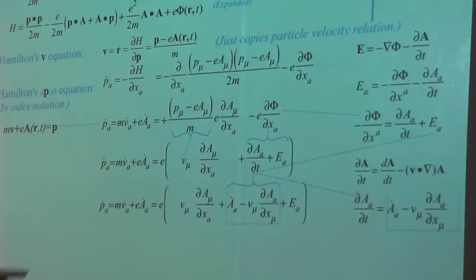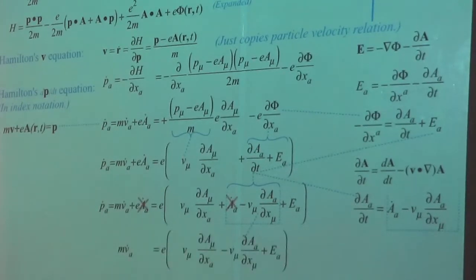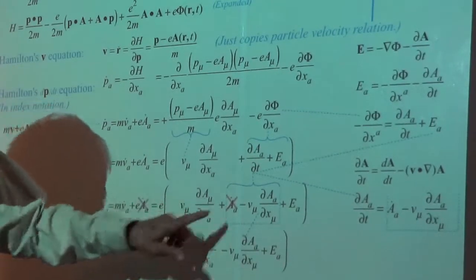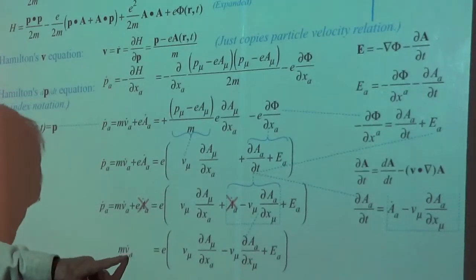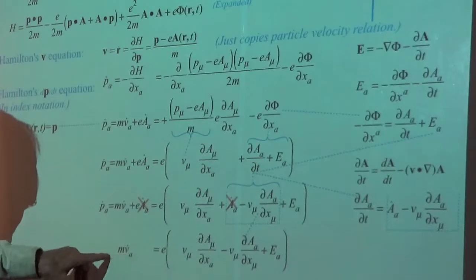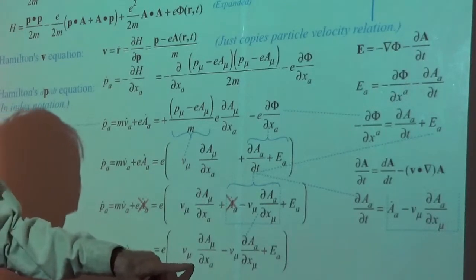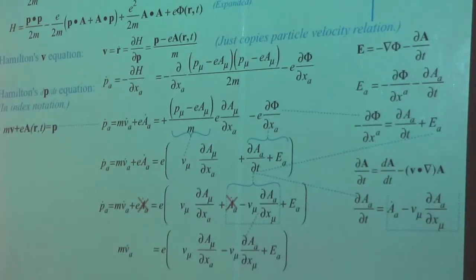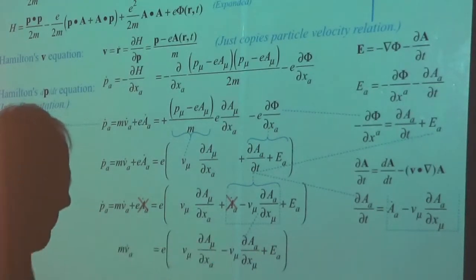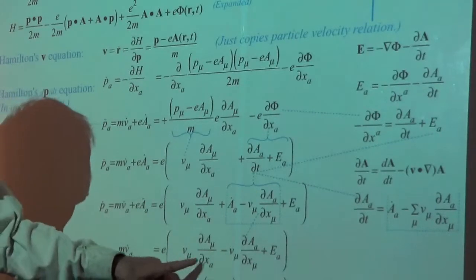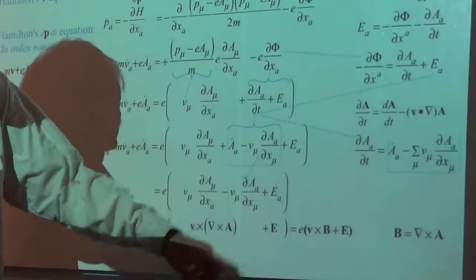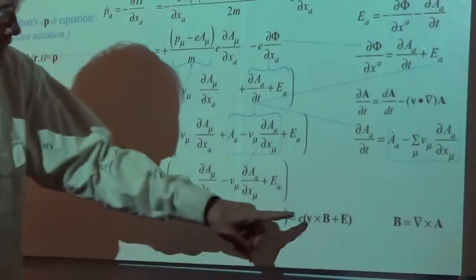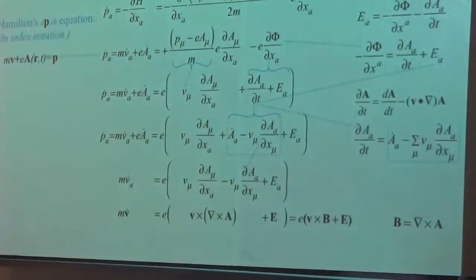So we're coming up here with an equation for P dot where these guys cancel. The total time derivative cancels out of this, and I'm just left with the dv dt, that is the change in the Cartesian momentum of a classical particle, is equal to this. And this is a curl with a velocity scalar product. This is v cross curl of A plus E. Okay, that's v cross B plus E. So it checks.